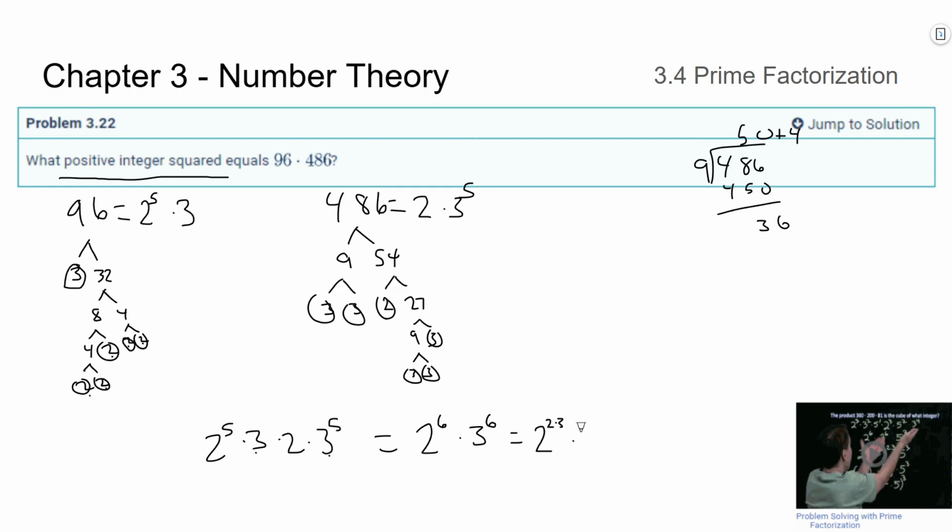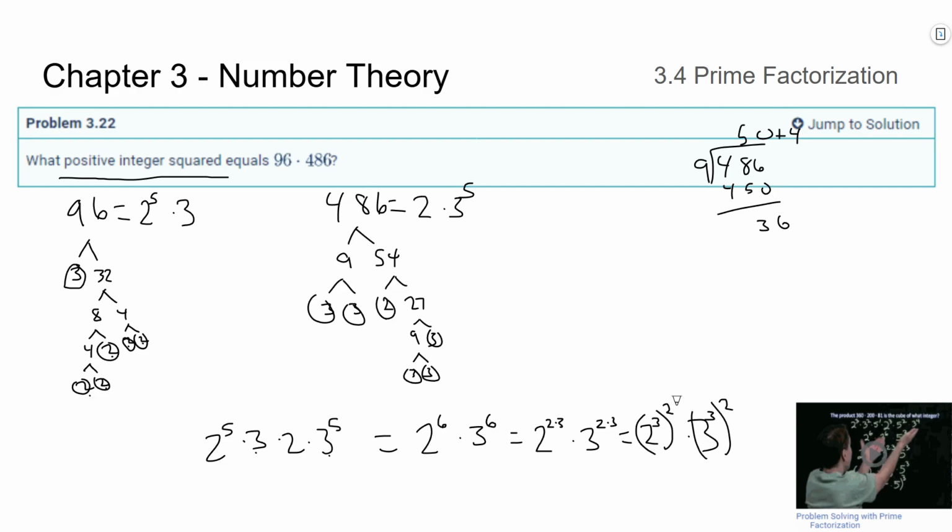And 3 to the 6th is the same thing as 3 to the 2 times 3. And 2 to the 2 times 3 is the same thing as 2 cubed squared, and this is the same thing as 3 cubed squared.